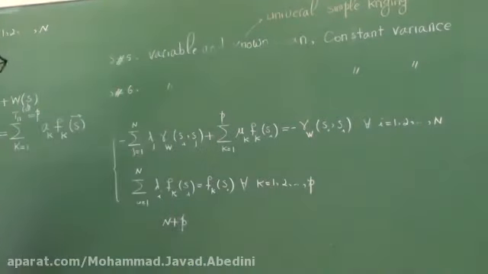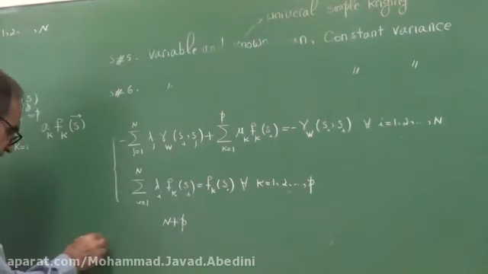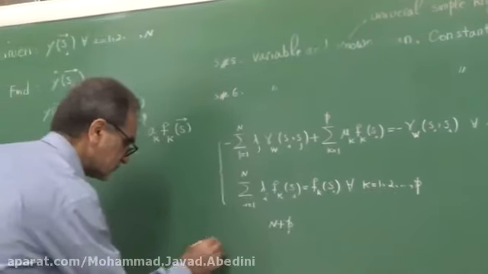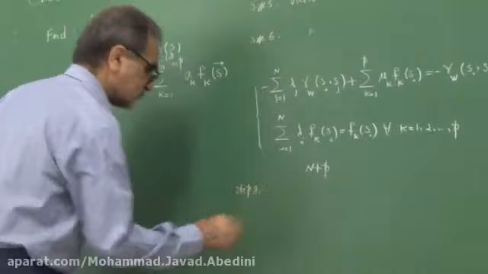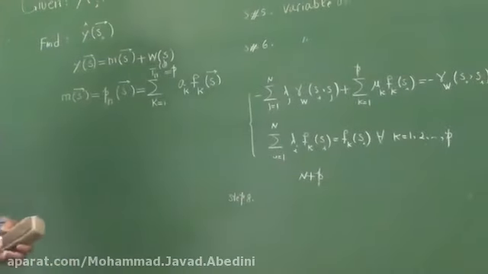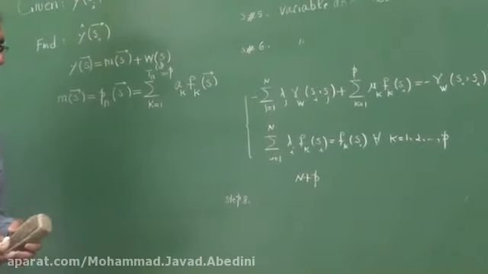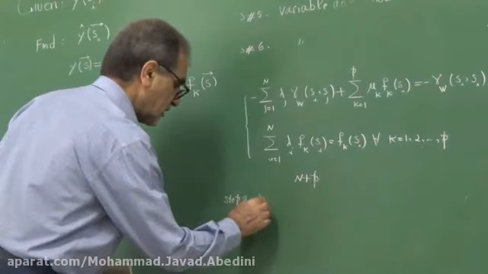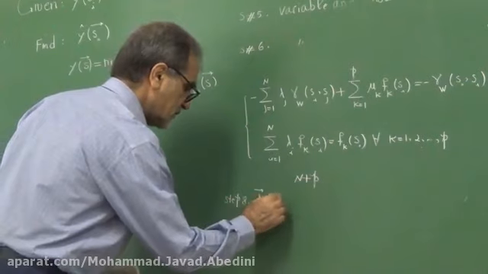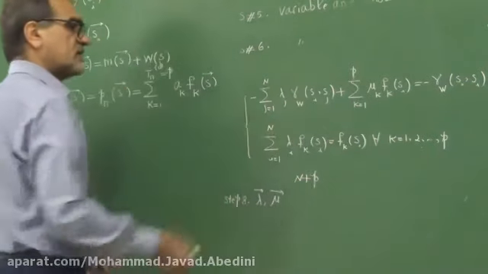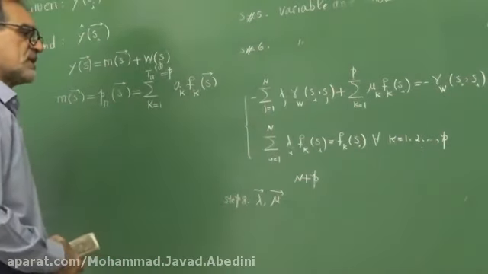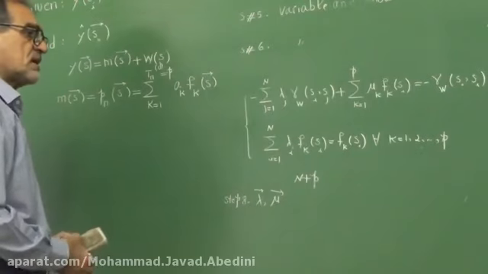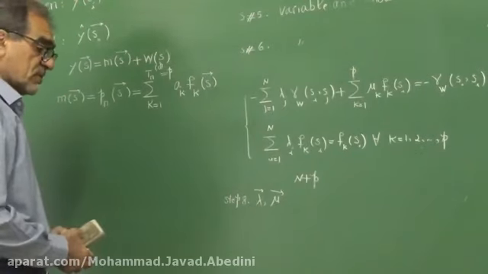That's going to be step 7. In step 8, you have to compute lambda and mu by solving this simultaneous linear algebraic equation in terms of lambda and mu.